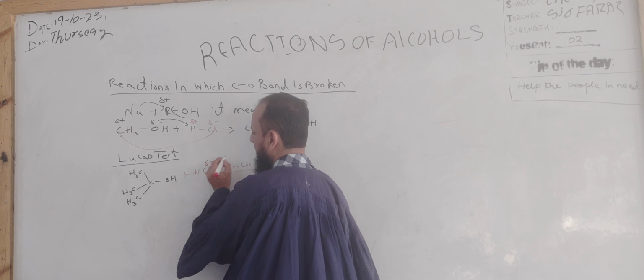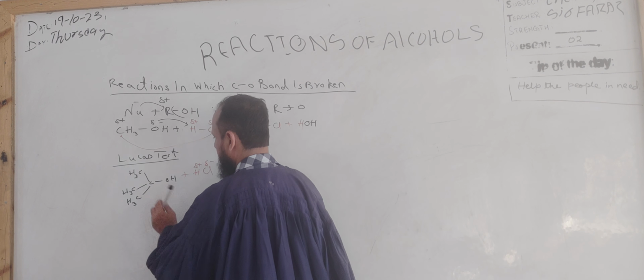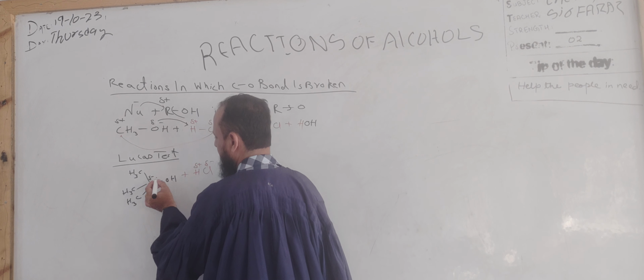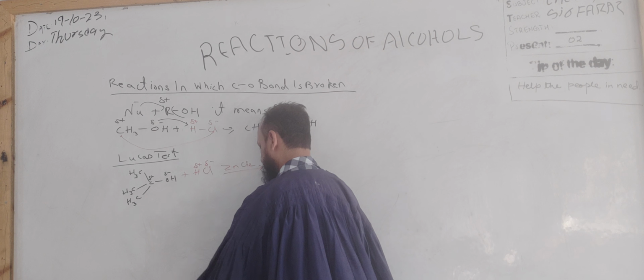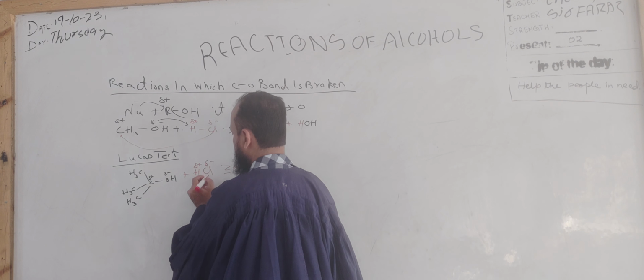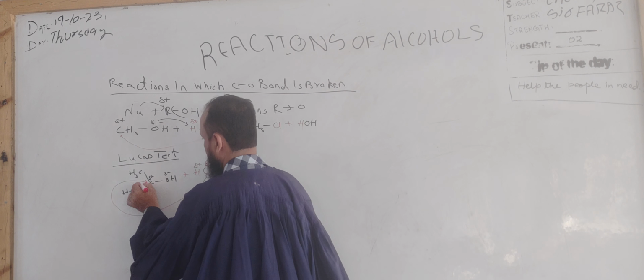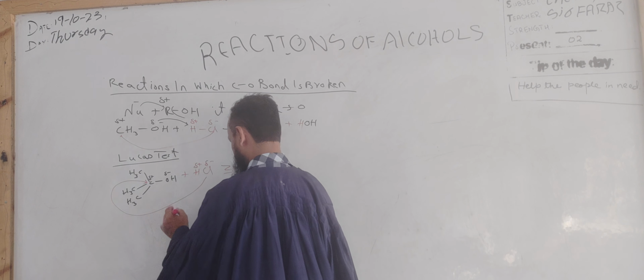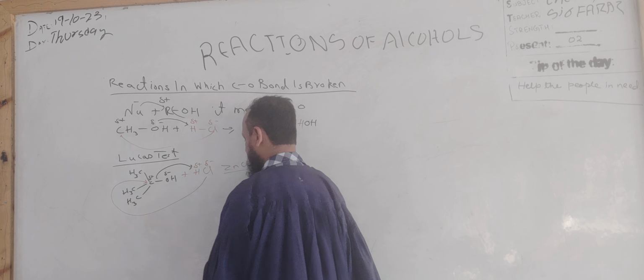This is partially negative and this is partially positive, and here this is partially negative, positive, and this is partially negative. So what would happen? It would behave as a nucleophile and attack the alpha carbon. As a result, OH negative would go out and attack on H positive.